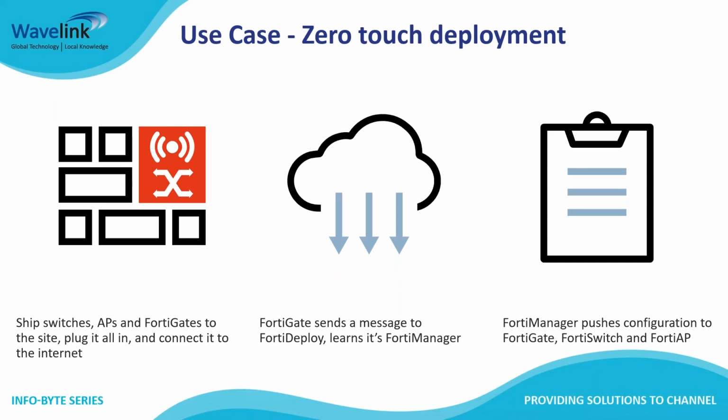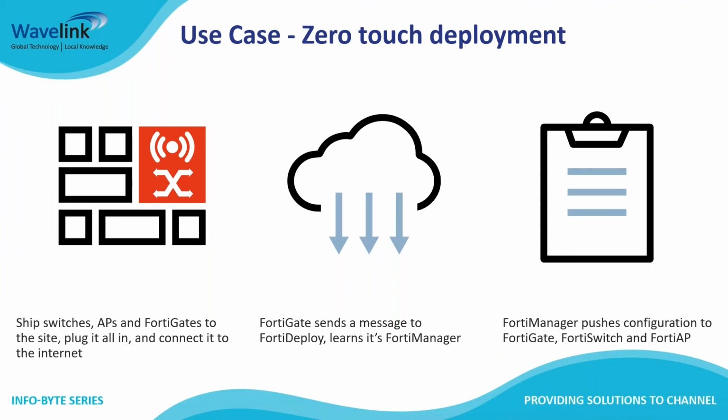And once the FortiGate comes online, FortiGate will automatically talk to FortiDeploy, and FortiDeploy will tell which FortiManager, or rather the IP of the FortiManager, for that FortiGate to reach out to. And once the FortiGate makes the connection with the FortiManager, it can then push the entire configuration of the FortiGate, the FortiSwitch, and the FortiAP towards that branch.